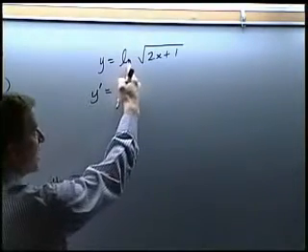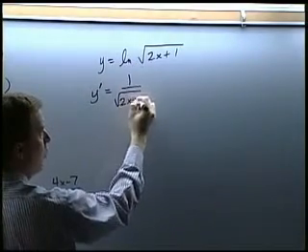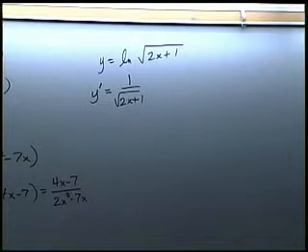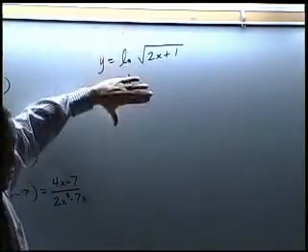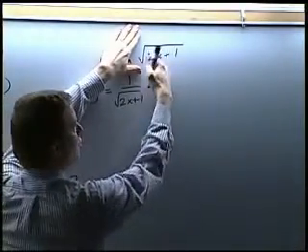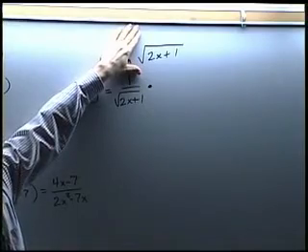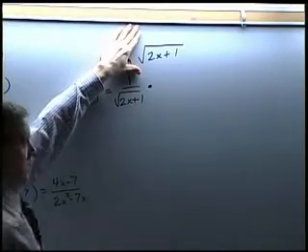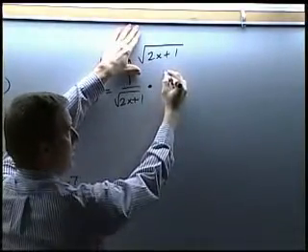As soon as I see there's a natural logarithm out here, I realize part of the derivative is just 1 over, in this case, what's underneath the square root: 1 over the square root of 2x plus 1. Now it's almost like I'm done with the natural log part of the derivative, so I can kind of hide that, and now I need to ask, what's the derivative of what's left? And how do we take the derivative of the square root of something? Think about it as to the 1/2.